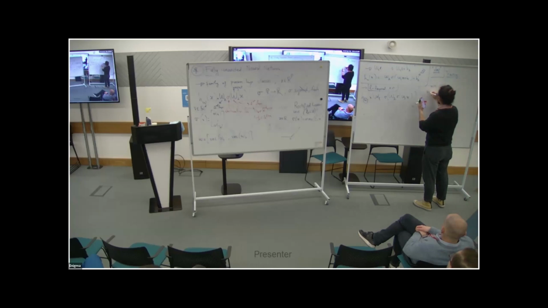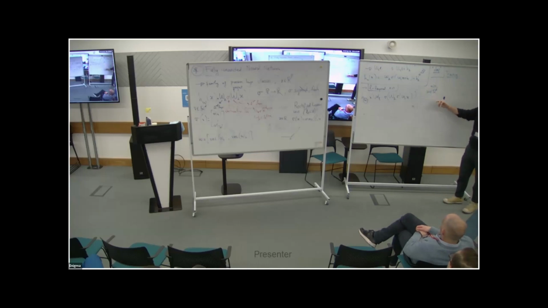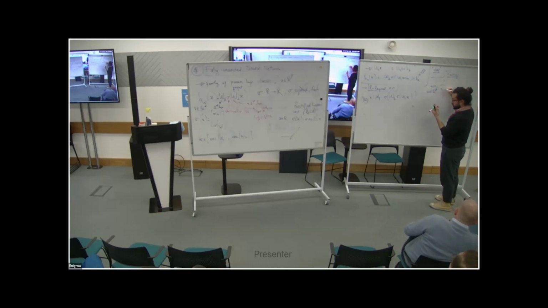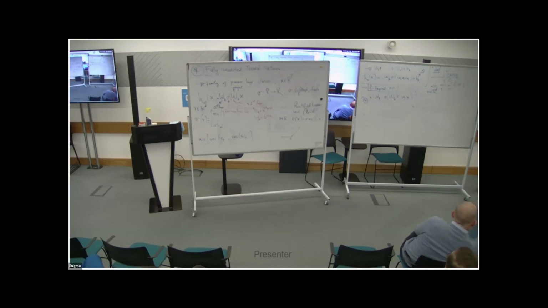This time I'm not restricting my parameter space, it is going to be R^D. And I will try to minimize 1 over n, the sum from i equals 1 to n, of the loss evaluated at every data point z.